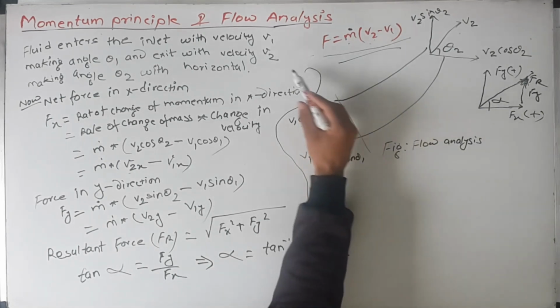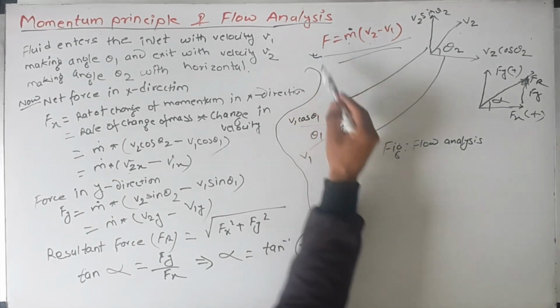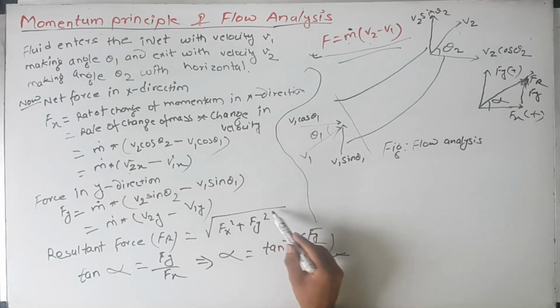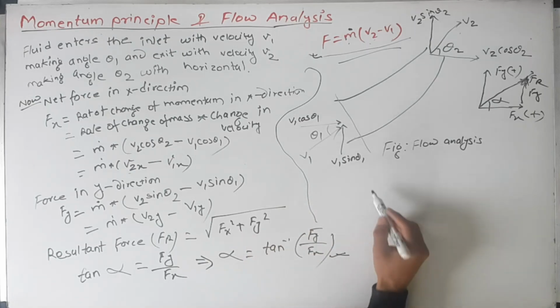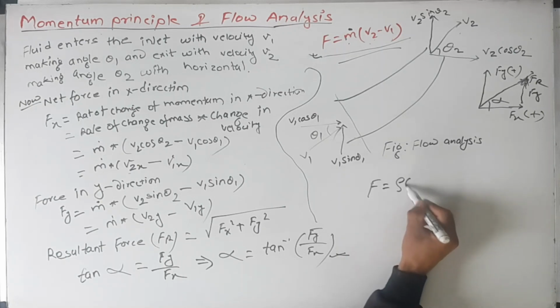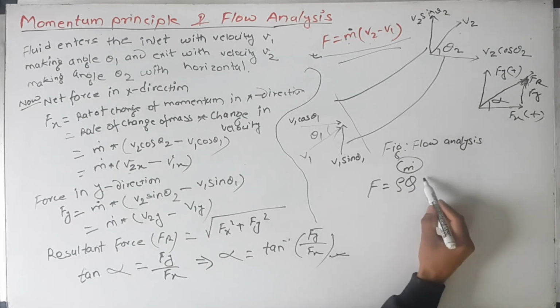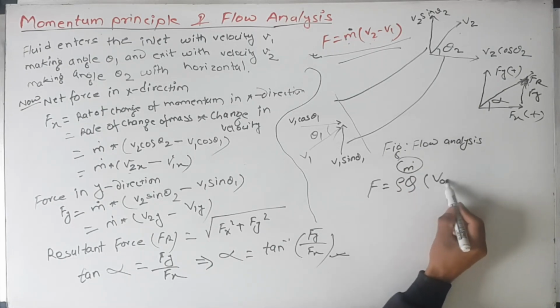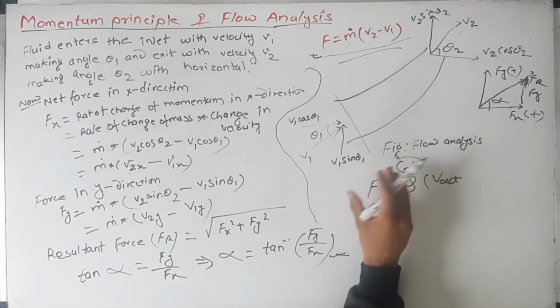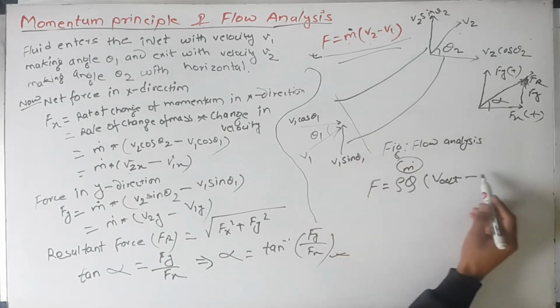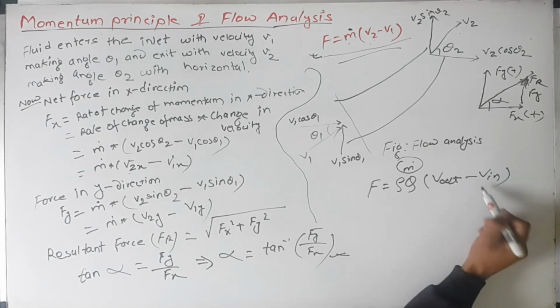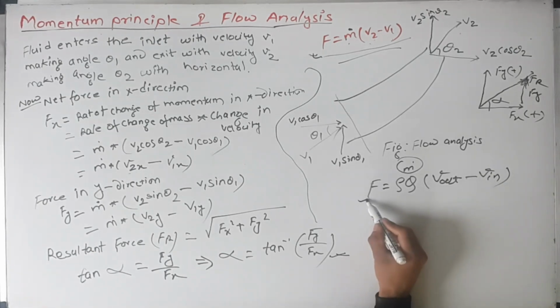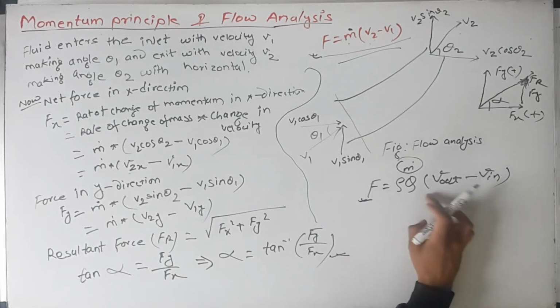In conclusion of the first part and the second part, we can say that net force is rho Q, or m dot into v out, the velocity exiting from the stream tube or pipe or vents, minus v in, the entering velocity, and this force is always in the direction of velocity.